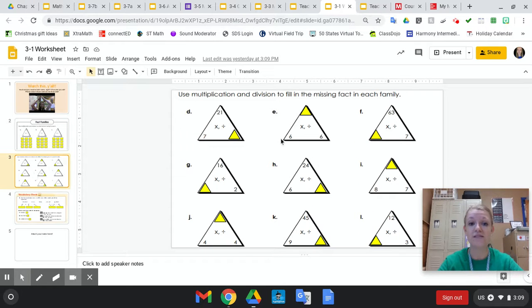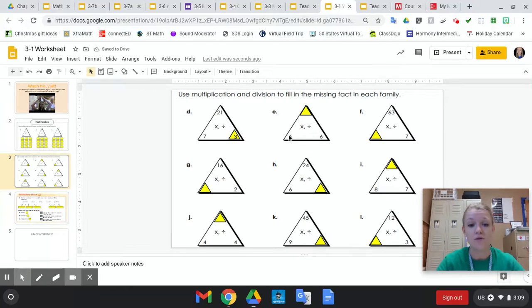Looking at the missing factors or products or quotients or whichever way you like to think about it. If we have a large number, then that is going to be our product. And so we would do 21 divided by 7, which would equal 3.